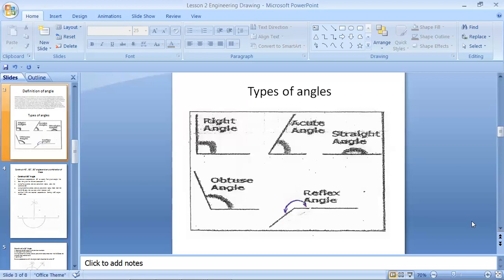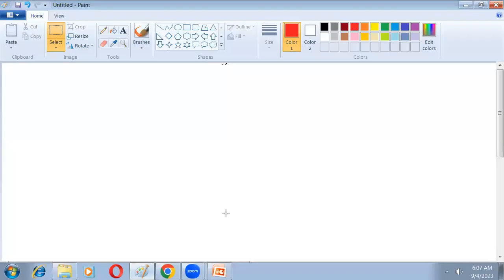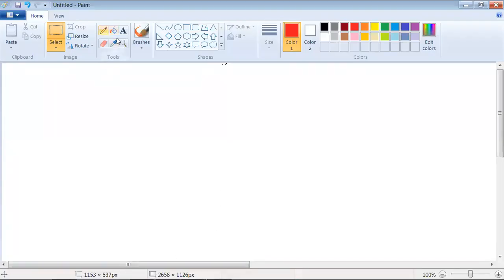Before we continue and move on from angles, I'm going to open this blank page here, and you need to understand that this right here, going across, is a 0 degree angle, right?